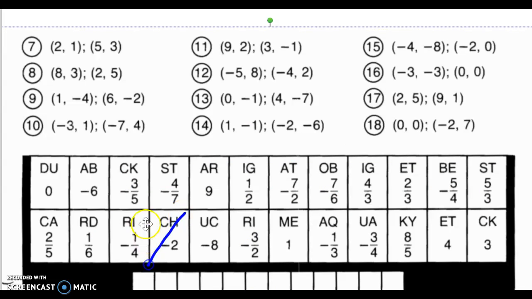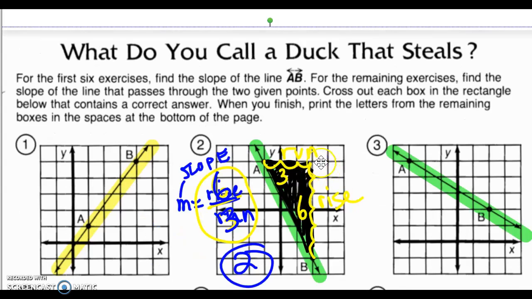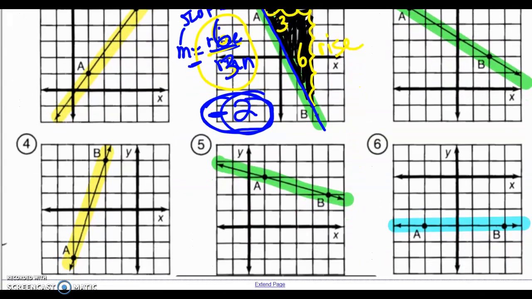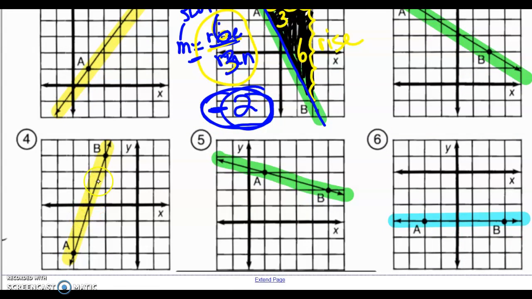Oh, negative 2. Sorry, I didn't realize. The slope is negative, isn't it? So it was a negative. So negative 2. Do y'all get why it's negative 2? Now I do. All right. So negative 2. Pay attention, Mr. Mac.